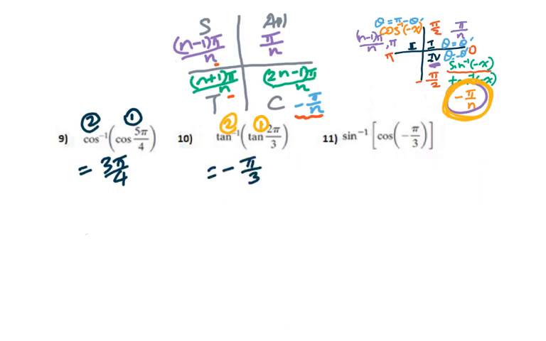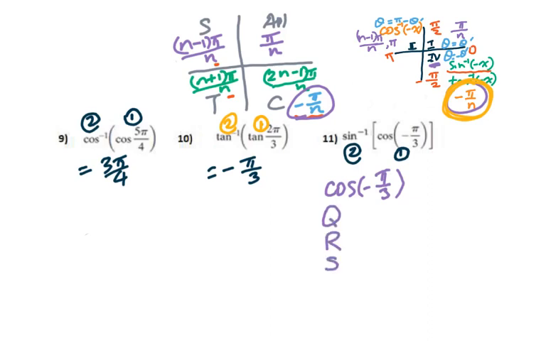Now let's go to number 11. The first step, then the second step. For the first step, we go to cosine of negative pi over 3. Negative pi over 3, we know that's a fourth quadrant. Therefore, I just go to QRS directly.